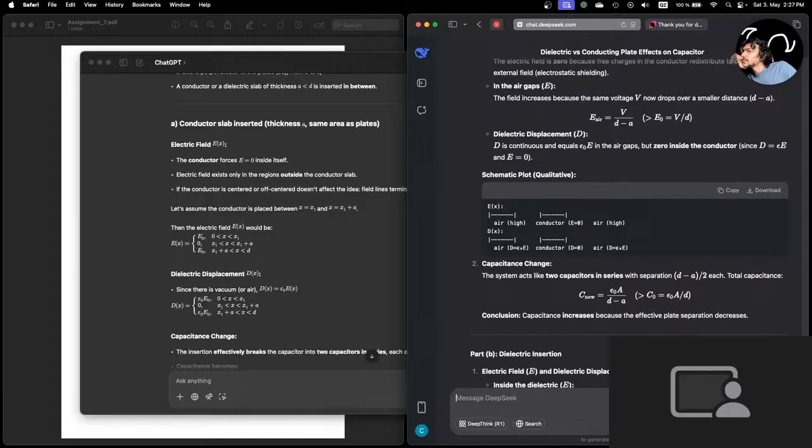What? So it was, yeah, two capacitors in series. Do you think it is two capacitors in series?